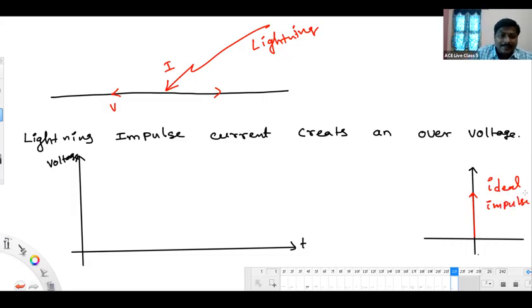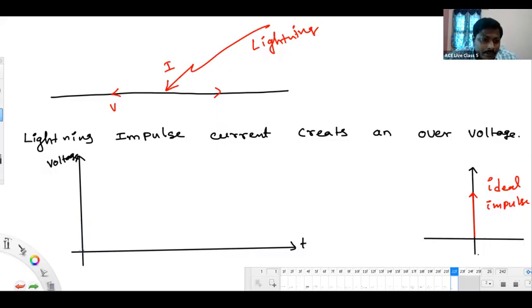But how is a practical impulse signal? You don't expect a practical impulse signal in this manner. The practical impulse waveform might be something like this. Just observe. We have a straight, large rise at the beginning. A very sharp rise you can experience.